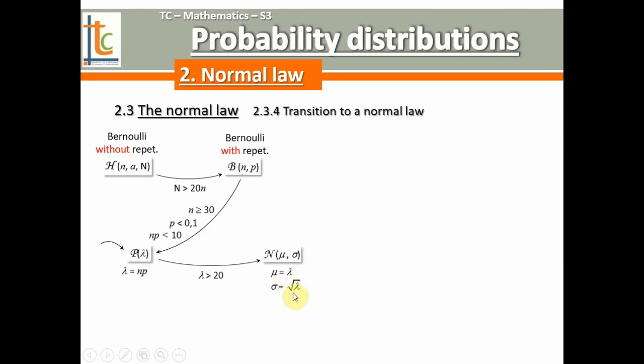So now, coming from a binomial distribution directly, there are criteria to be met. First, n must be more than 30. So I put here more than, and here more than or equal to, so it's not very important. It could be more than or equal to at this location as well.